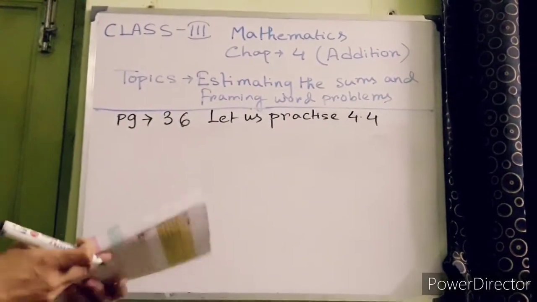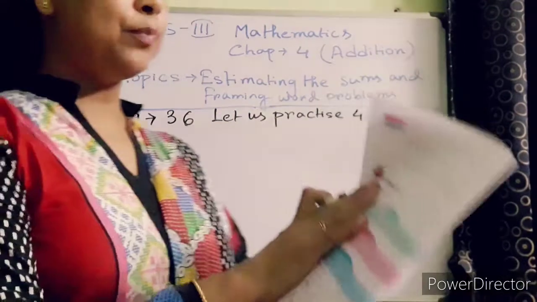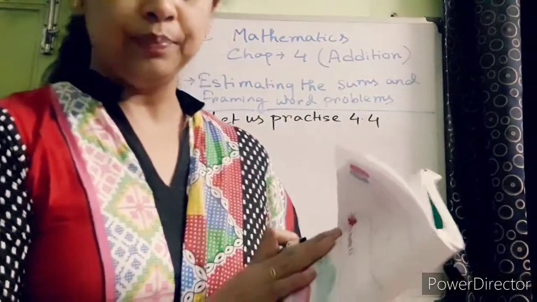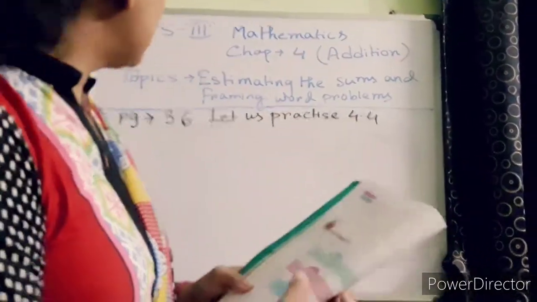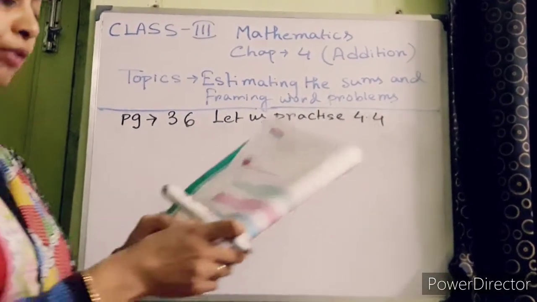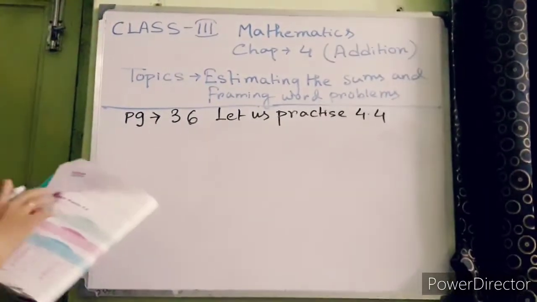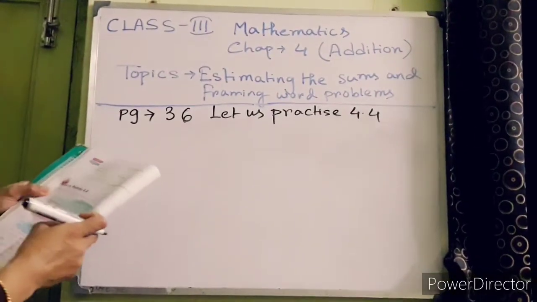Now, here are some word problems. You have to frame a problem. After that, I will solve the estimated sum by rounding up to the nearest 10. Now, first I am doing this one.